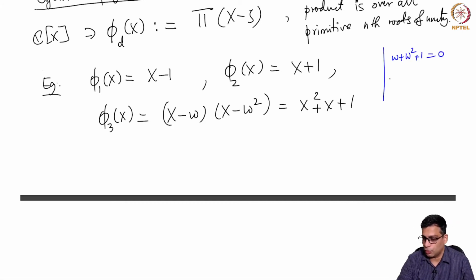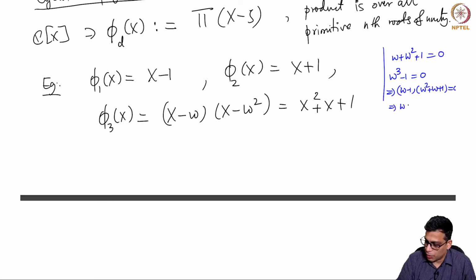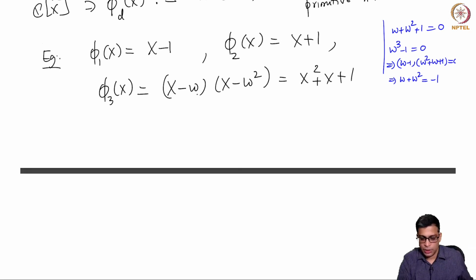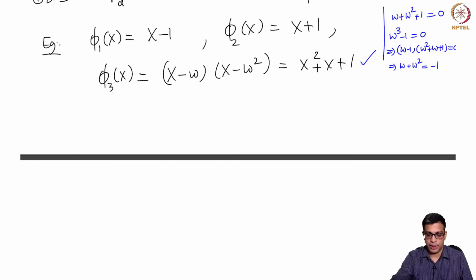Because omega cubed minus 1 is 0, that means omega minus 1 times omega square plus omega plus 1 is 0, but omega is not 1, so omega square plus omega plus 1 is 0. This gives omega plus omega square is minus 1. That means the sum of the roots is minus 1, so the coefficient of x is minus of minus 1, and omega times omega square is 1. So this is the third cyclotomic polynomial.